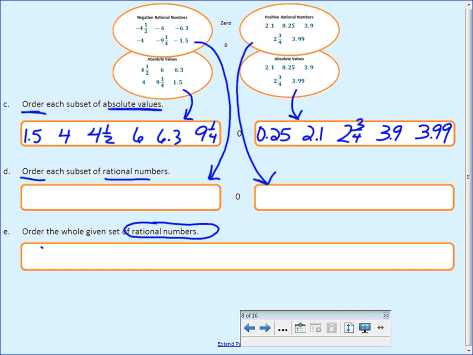So those are the absolute values. Now the rational numbers. Stop after D because I want to show you something.